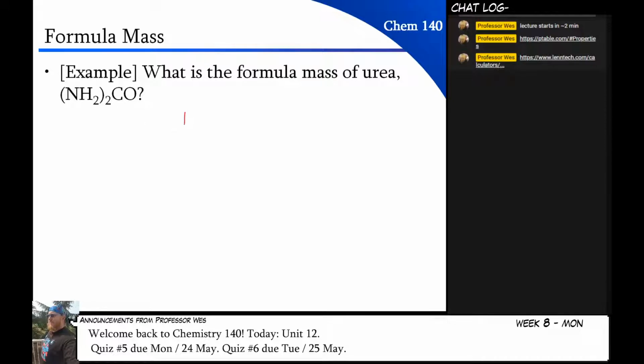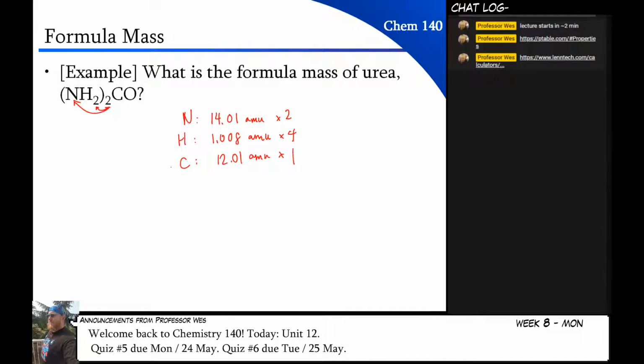Okay, well, nitrogen is 14.01 AMU. And I have 2 of them because of this right here. Hydrogen is 1.008 AMU. I got 4 of those because of this 2. And then carbon is 12.01.